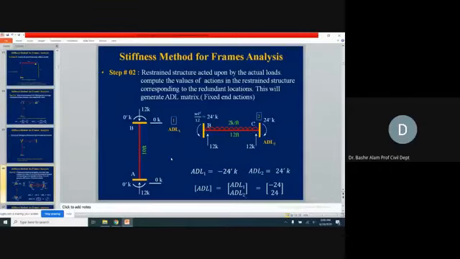Now coming to this vertical member, which is AB, if you see, we don't have any lateral loading on this one. So what happens now? The member end moment is equal to 0. Why? Moment is always load times distance, so if we don't have load, it means we don't have any moment.